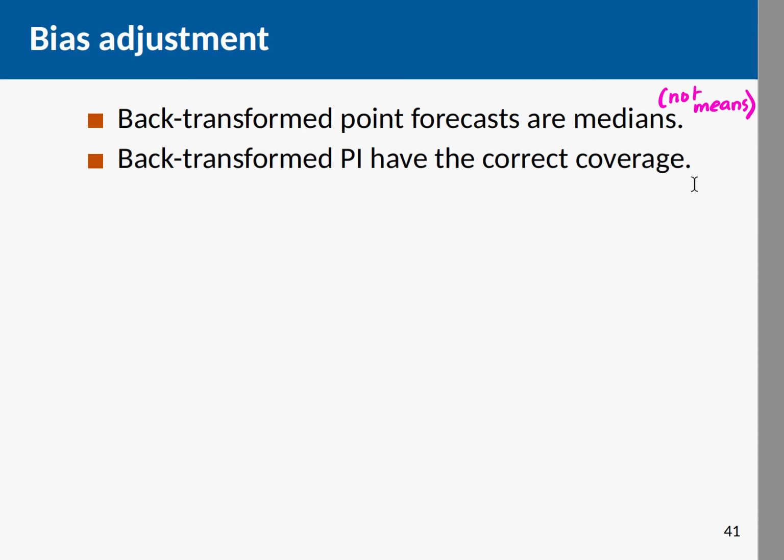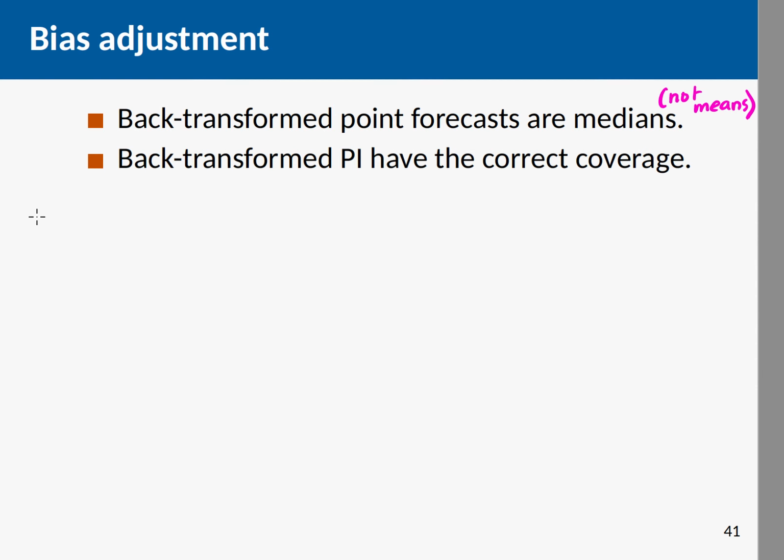But a lot of times we are concerned with averages or means of any type of time series. Okay, we are interested in averages. So sometimes we could get into this problem of medians not adding up for a particular region or for a set of countries, but means do when we try to back transform. So we might want to look at some kind of bias adjustment for that.